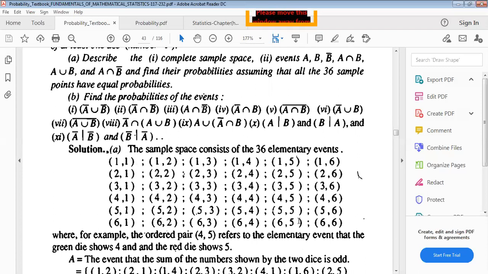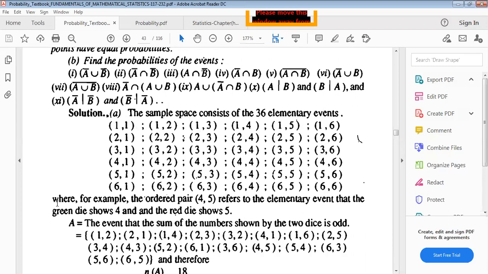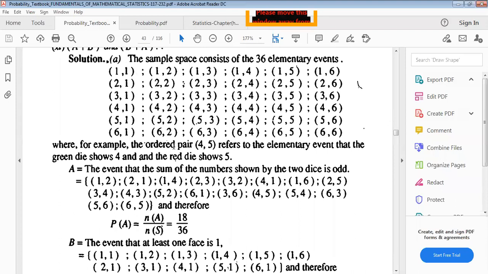In this way we get 36 sample points, where for example the ordered pair (4, 5) refers to the elementary event that the green die shows 4 and the red die shows 5. The first one is green and the second one is red.